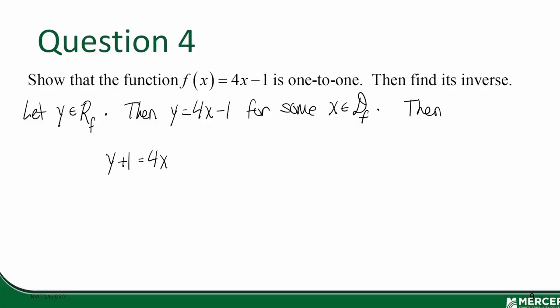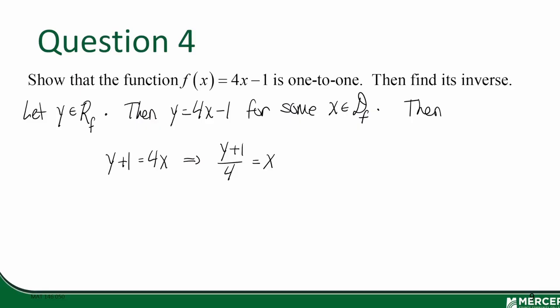Well, you'd add 1 to both sides. Then you'd multiply both sides by a quarter. So that specific input is y plus 1 over 4.